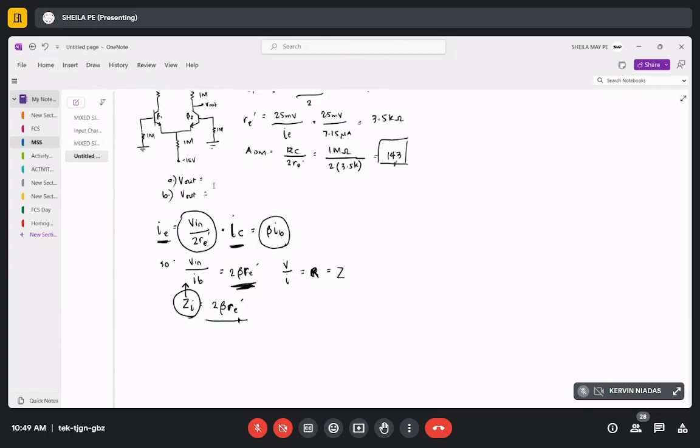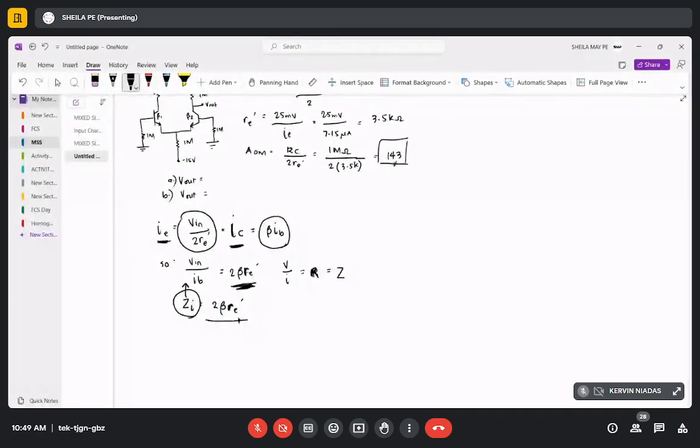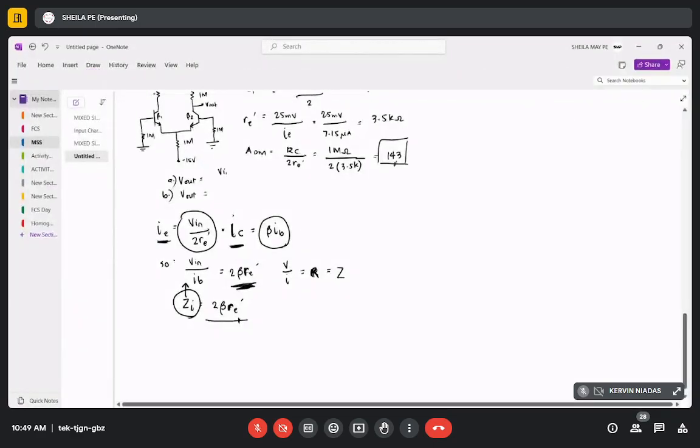V out is V in times ADM. Kung mag-multiply ta, that's ADM. So that's 2 milli divided by 143. I-divide na class. Sorry, nalipat ko.